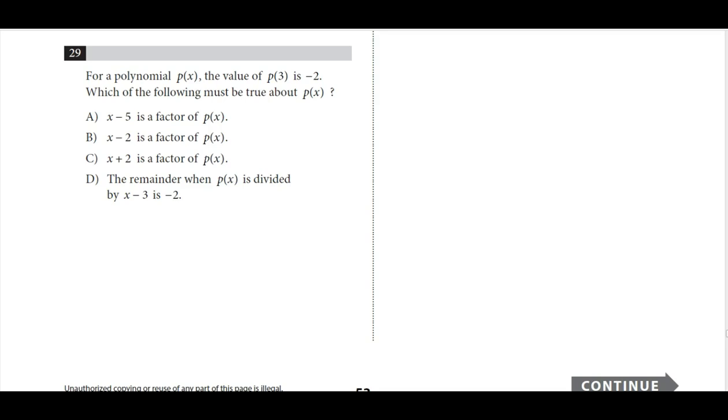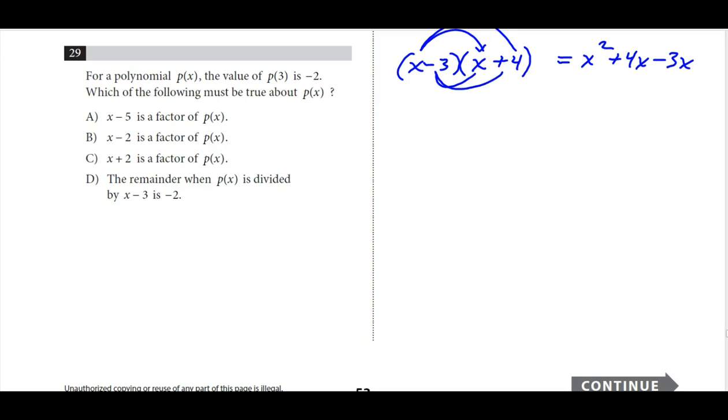Let's kind of go off track for a little bit, but pretend that you have two factors, x minus 3 times x plus 4, let's say. And if you remember how to do FOIL or the box method, basically we do first times first, and outsides and insides, and then we do the last terms.